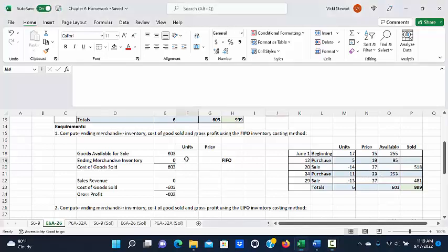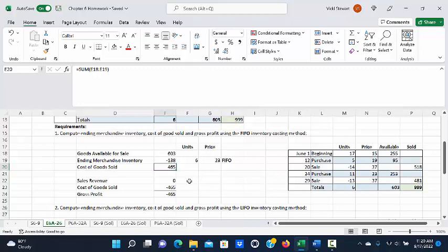To calculate our ending merchandise inventory, we would say 6 units at $23 per unit, and that would give us ending merchandise inventory of $138. Now we would subtract that from our total goods available for sale, and the difference would be cost of goods sold. The second part asks us to determine the gross profit.